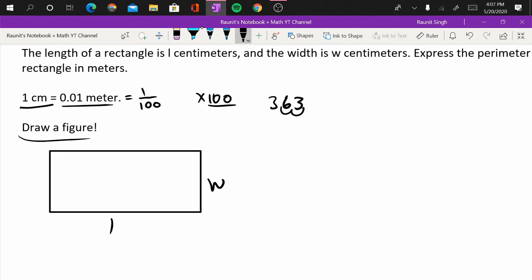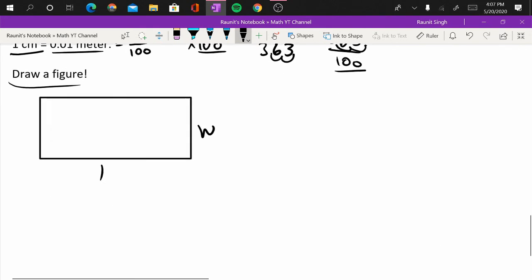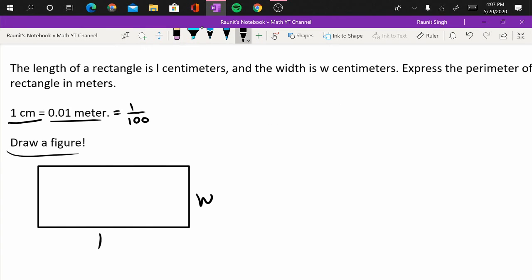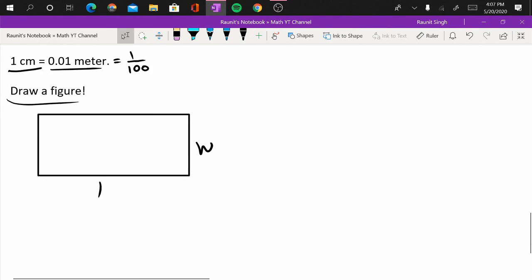And when you're dividing, say 363, by any number that has zeros at the end, that's how many places the decimal moves back. So since there's 2 zeros, it would move back 2 places. Okay, so this is also equal to 1 over 100.